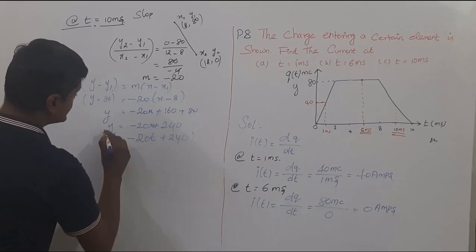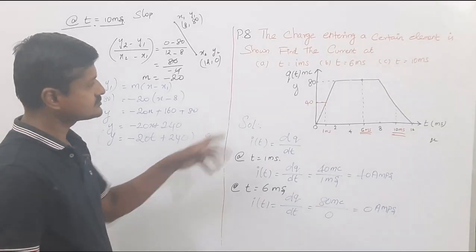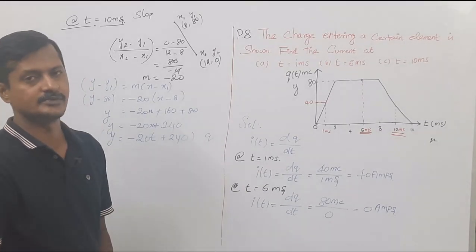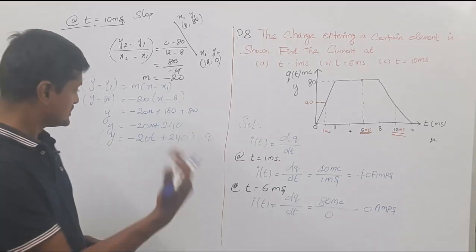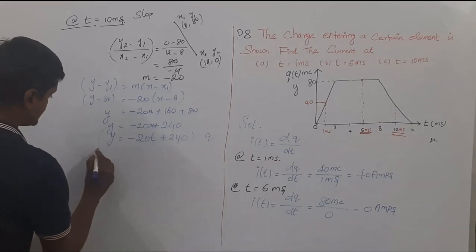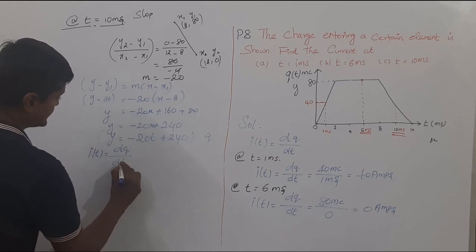This is the q. We have found the slope of charge, so the slope is equal to charge. Now we are substituting that. I of t is equal to dq divided by dt.